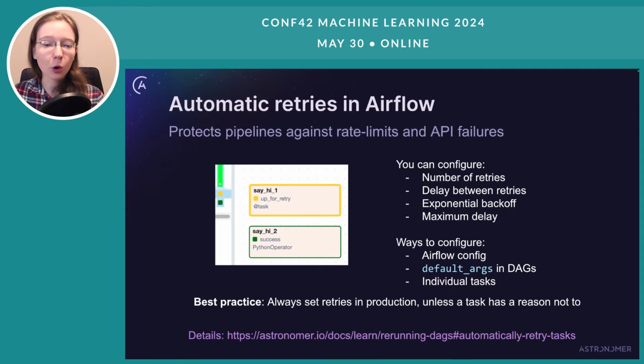You can set them for all tasks in a specific DAG in the default arguments, and you can override that at the specific task level. So a common pattern is to have an Airflow config that says all tasks have 3 retries by default, but for specific tasks where you already know that API is finicky, you might set retries to 10 with an exponential backoff.